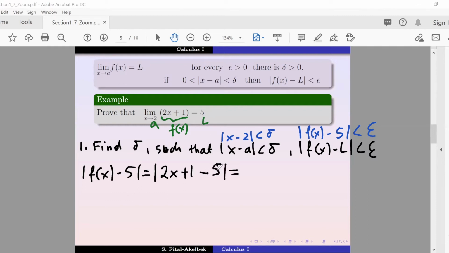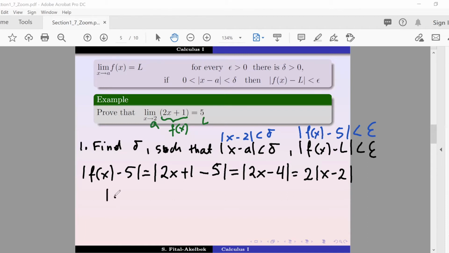That gives me absolute value 2x minus 4. I need to get to x minus 2, so we can take 2 out. If I take 2 out, I have x minus 2. Now, this is equivalent to what we started with, f of x minus 5.